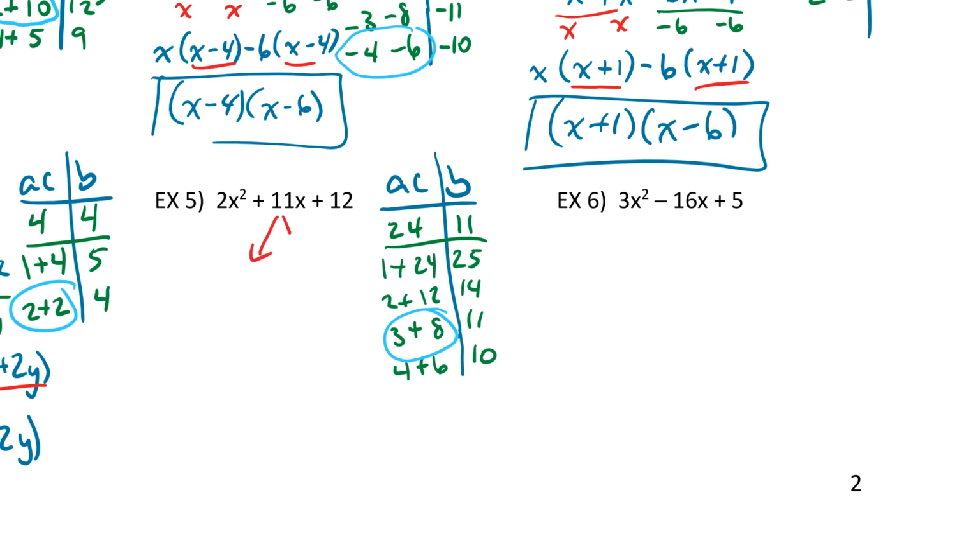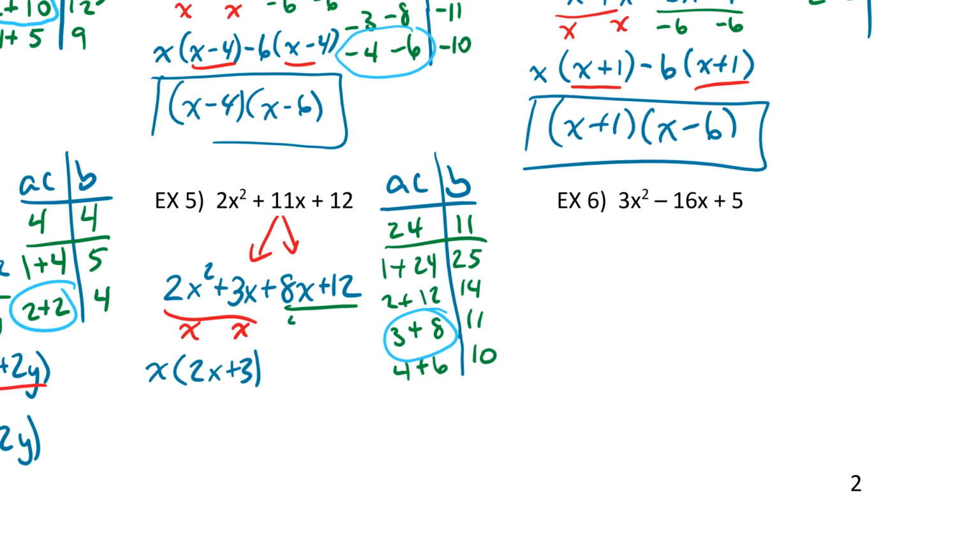So we're going to go ahead and split B into those. So we get 2x squared plus 3x plus 8x plus 12. First group, second group. GCF of the first group is just going to be x. So we end up with x times 2x plus 3.